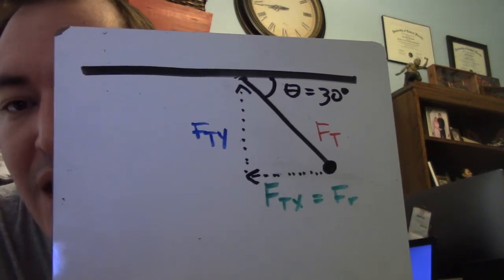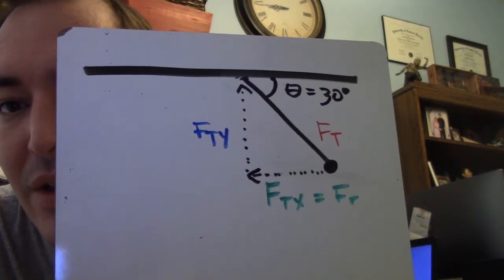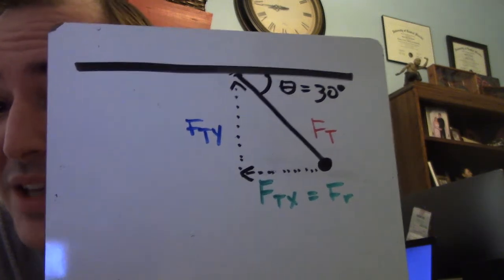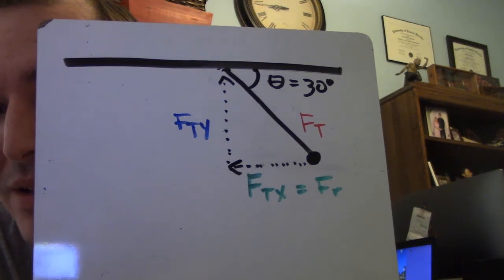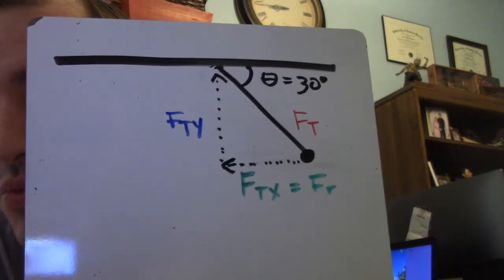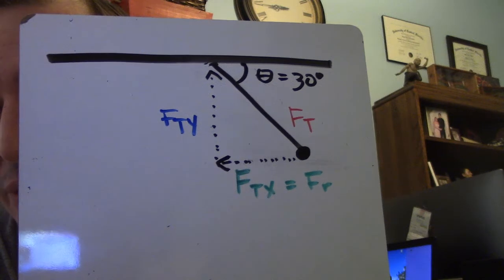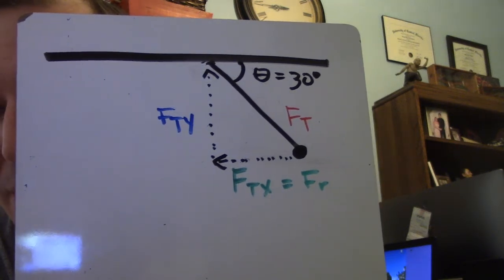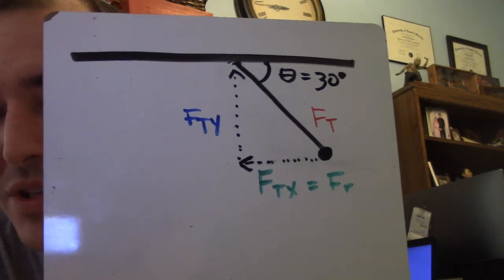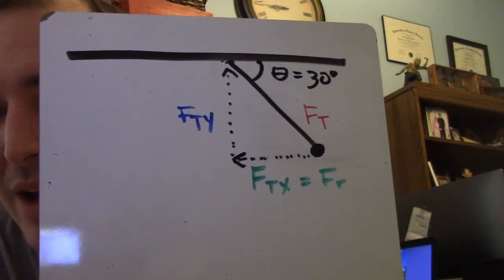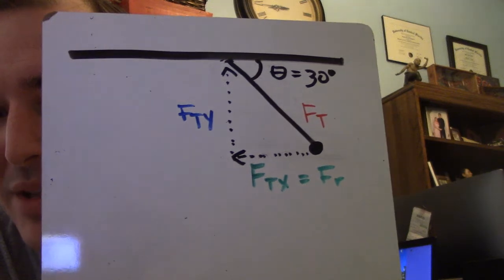Why is force of tension y not pulling down? Well, because this weight is staying attached to the ceiling and it wants to fall, right? We know that gravity is on this object. So we know that force of tension y in this case must be canceling out the gravity. The ball is not accelerating up or down, therefore my y forces must cancel out. And because my y forces cancel out, the force of tension y and the force of gravity are going to end up being the same.